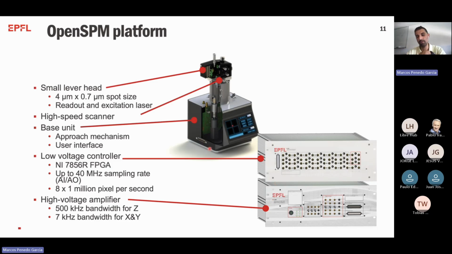Those controllers can be used with commercial systems, and that gives you the potential, if you have an AFM that has specific modes or techniques, to not be constrained by what the provider gives you in the software. So you can develop your own modes. You can develop fancy experiments because you have full power, as you have the controllers yourself.